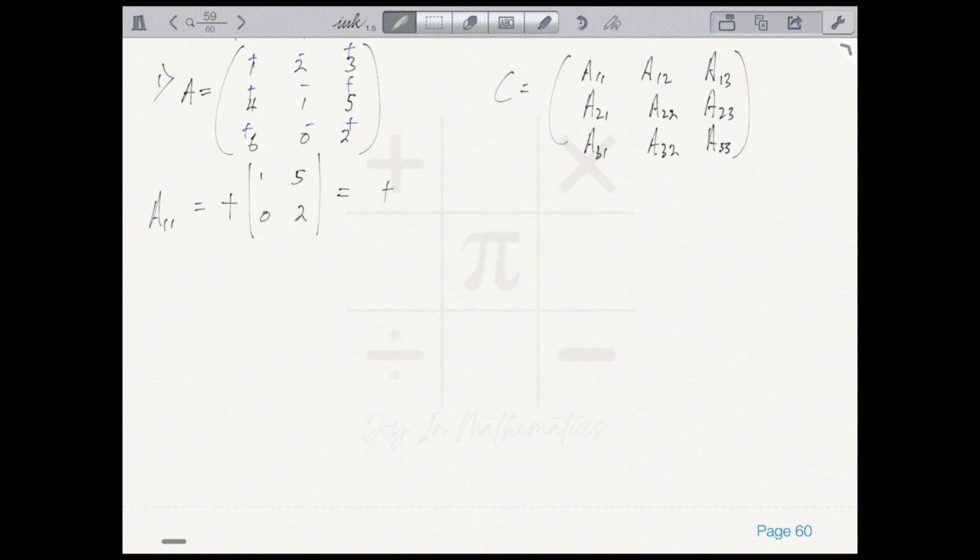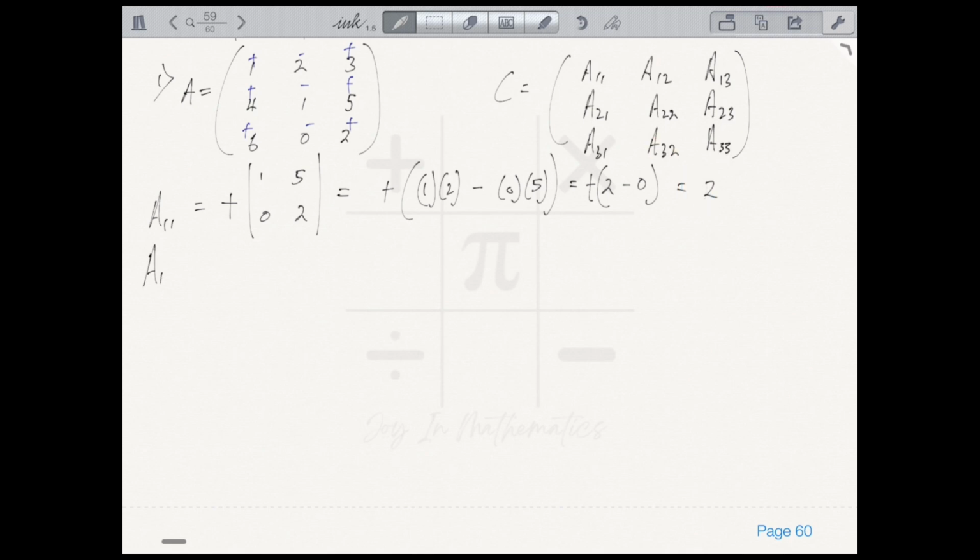This is equal to positive of 1 times 2 minus 0 times 5. Remember, the place sign is important, please. It cannot be overemphasized. Positive, and 2 minus 0 is equal to 2.